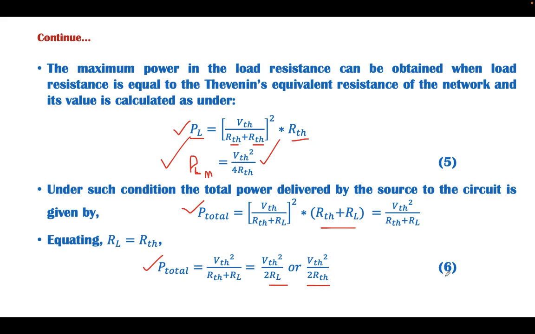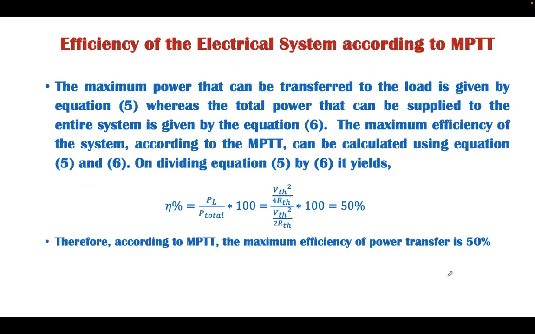If equation 5 is divided by 6, we can find the efficiency of the power delivered. This is the load power, and the total power is PT. The load power, by imposing the condition RL equal to RTH, is VTH square upon 4 RTH, divided by VTH square upon 2 RTH, because in that case the total power is 2 RTH.